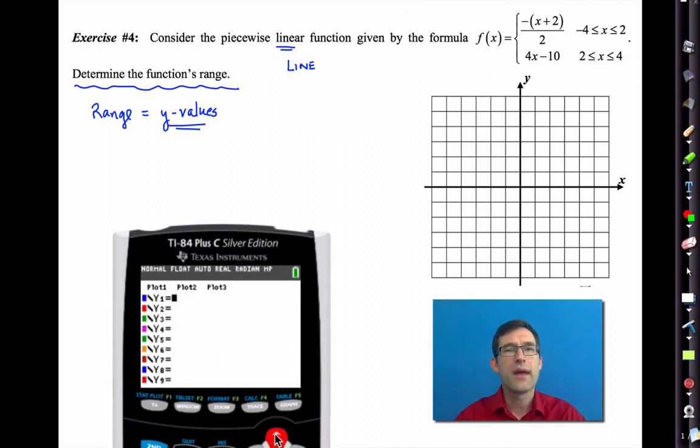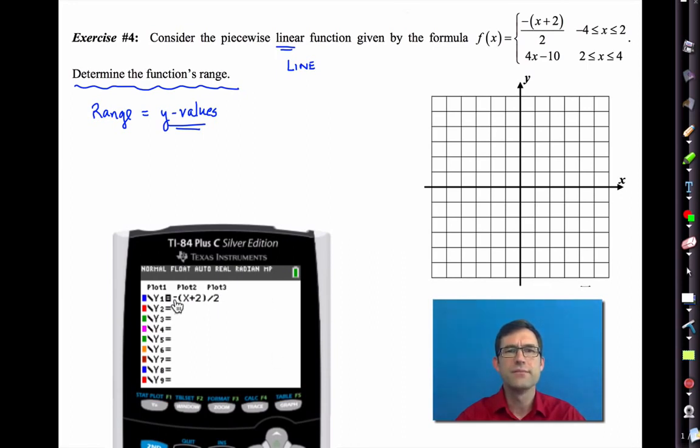All right, now that we have everything clear, what we're going to do is go up to y1, and we're going to carefully enter that formula. So use that negative symbol, don't use subtraction. Put in that parentheses, put in x plus 2, close the parentheses, and now divide it by 2. Okay, look at the formula, make sure it looks good.